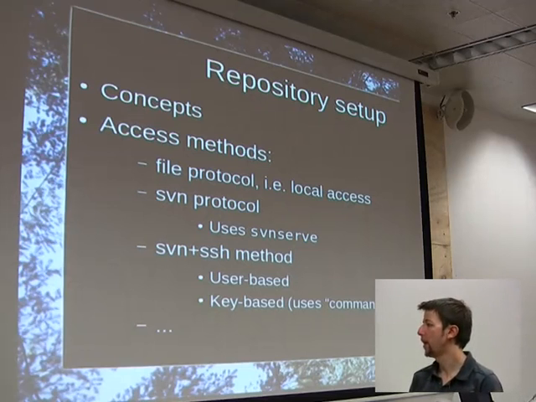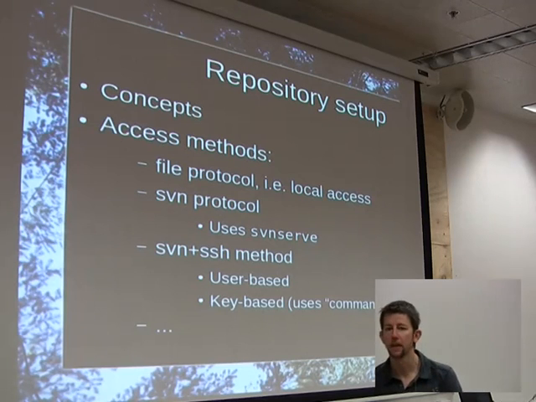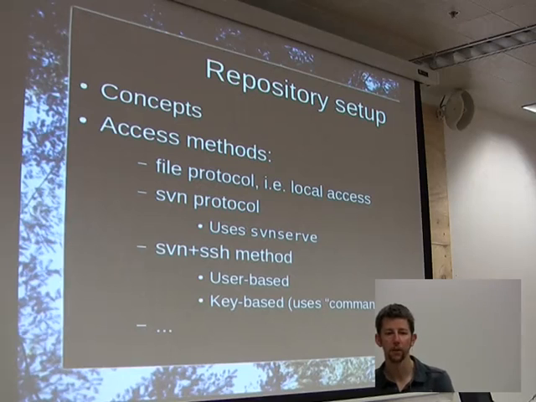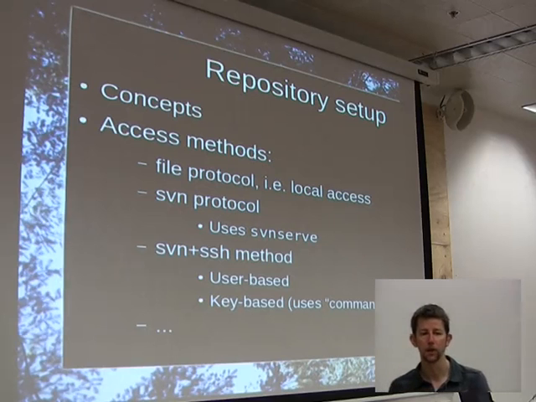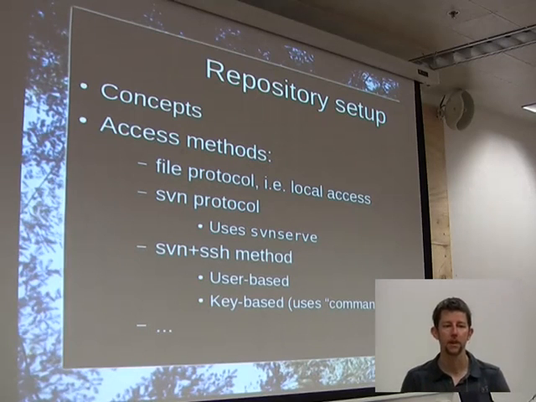Command forcing is a useful SSH tool, which means that when you are logging into a server using a public key, the public key in the authorized keys file on the server that's letting you log in can force a particular command to be run instead of the shell that you would normally get when you SSH to a machine.